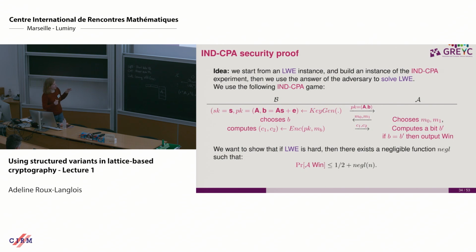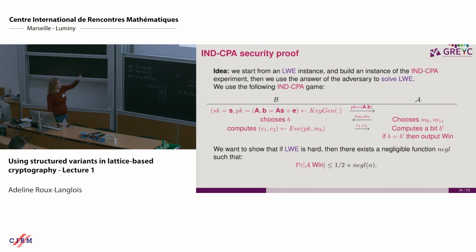So now I just wrote again the IND-CPA security game, but using the Regev encryption scheme. It's the same game as before, but now we have the actual elements in it.